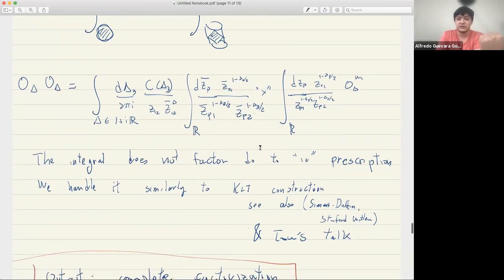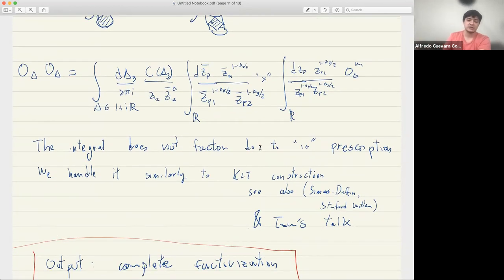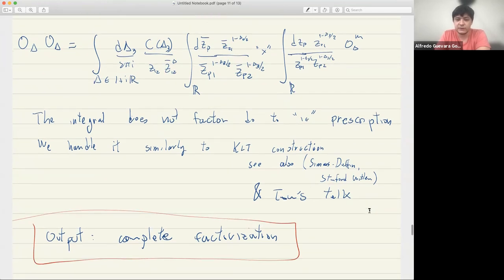In order to factorize it, you have to use the KLT prescription, which is the simplest way to factorize these integrals by considering different regions of integration. And it's actually the same as what was done for partial waves in this paper by Simmons-Duffin, Stanford and Witten. And you can also check some work on the Faddeev-Tsenko model.